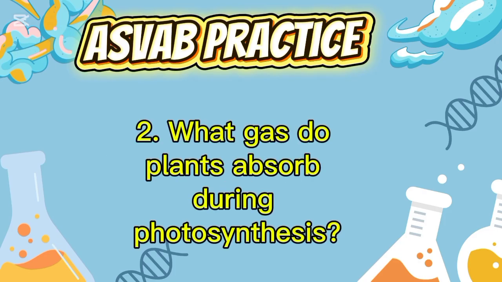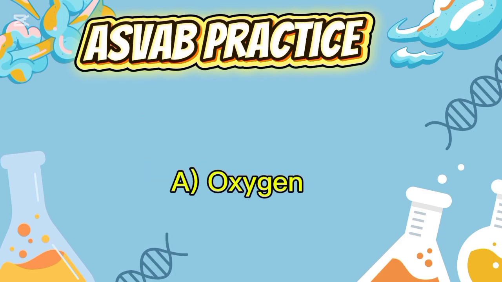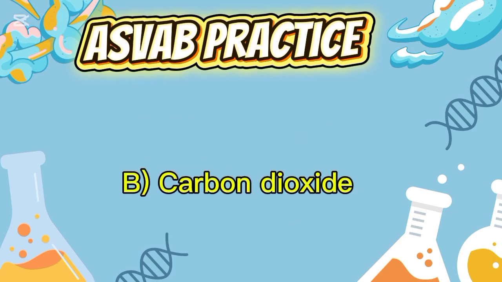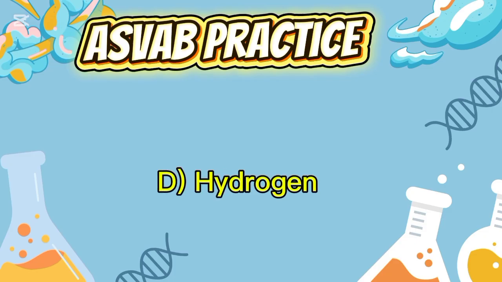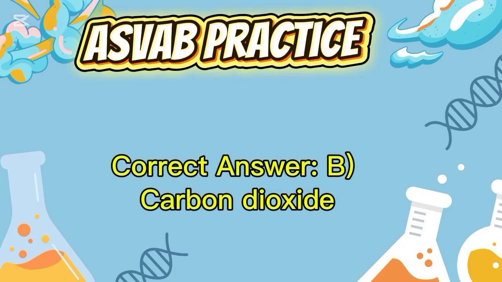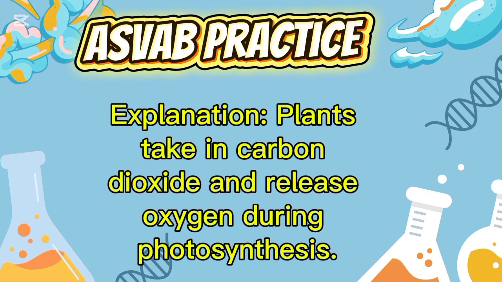What gas do plants absorb during photosynthesis? A. Oxygen. B. Carbon dioxide. C. Nitrogen. D. Hydrogen. Correct answer, B. Carbon dioxide. Explanation. Plants take in carbon dioxide and release oxygen during photosynthesis.